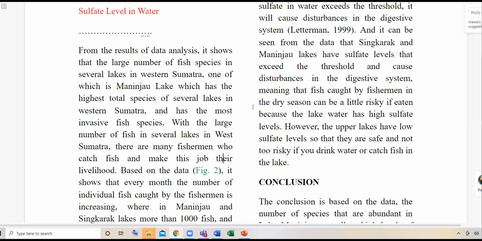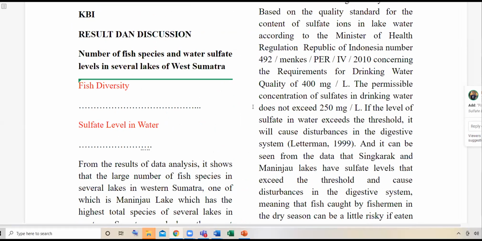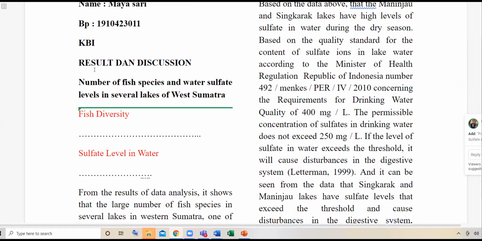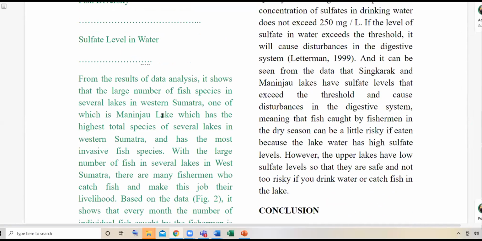And also let's take Mayasari. So for Mayasari, this is also the correct one. This is the subsection, subheading, and this is the subsection's title. And then, okay, do not directly mention the data analysis.